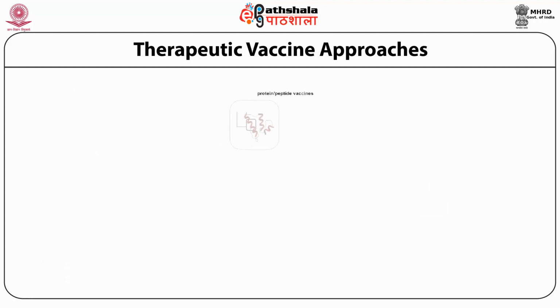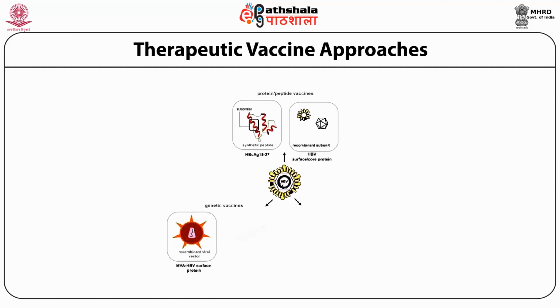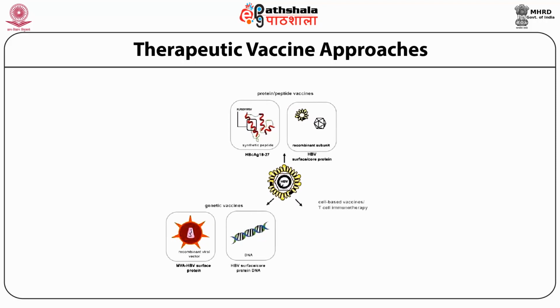Therefore, they are being used as a therapeutic vaccine approach. I explained earlier that antigen pulsed dendritic cells, adoptive T cell transfer, or CAR T cells can be used for immune or cellular therapies.